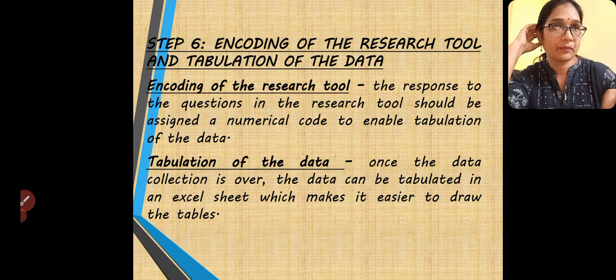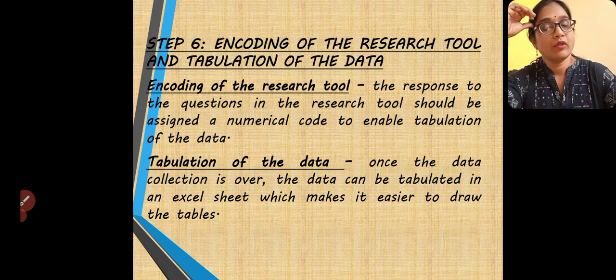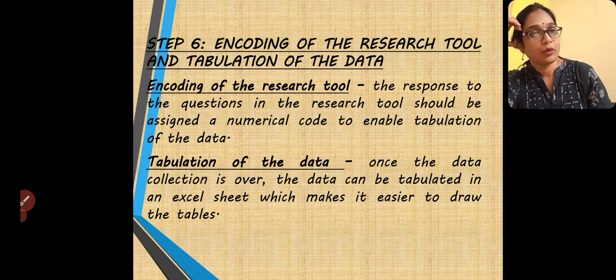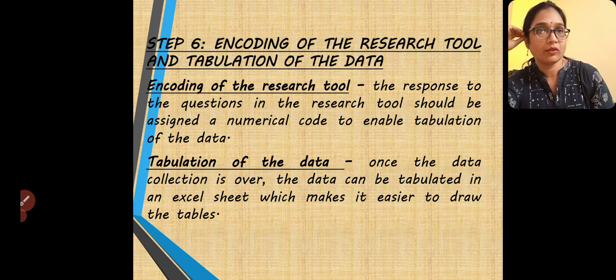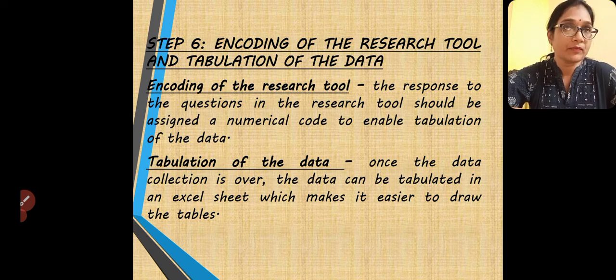If you ask age, it is always better to give some criteria: up to 18 years is 1, 18 to 25 is 2, 26 to 35 is 3, and 36 and above is 4. For each and every question, whatever the responses are, you have to number them. That is encoding of the tool. I hope it is clear.